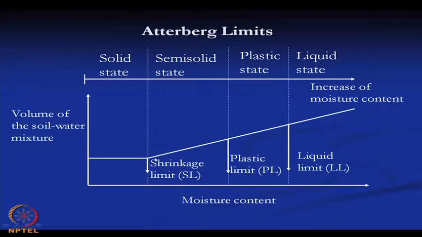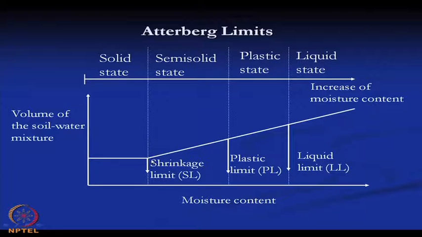So, we can say if we reduce the water from a liquid state of soil, it will pass the liquid limit and go to the plastic state, and if you further reduce it, it will pass the plastic limit and go to the semi-solid state, and if you further reduce the water content, it will pass the shrinkage limit and go to solid state.